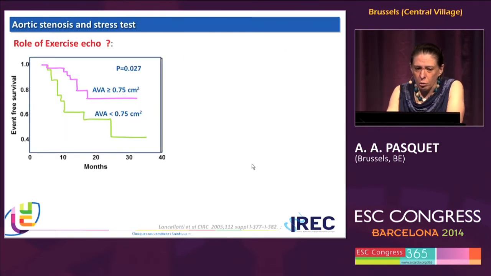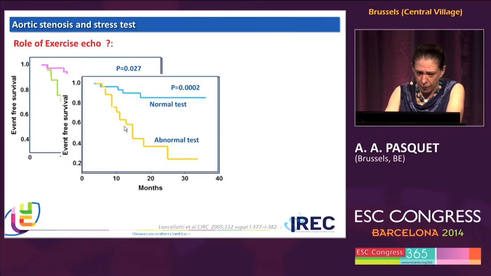Moreover, if I show you some slides on the value of exercise echo, this is from a study from Lancellotti published in 2005, and you will see that the prognosis of patients with an aortic valve area above 0.75 is far better than below 0.75, but this is just rest data. If we add the exercise data, you will see that if you have a normal exercise test, you have a good prognosis. If you have an abnormal one, you have a worse prognosis.